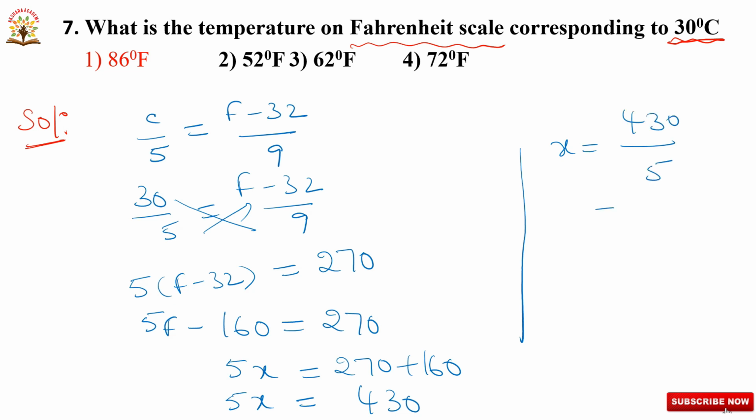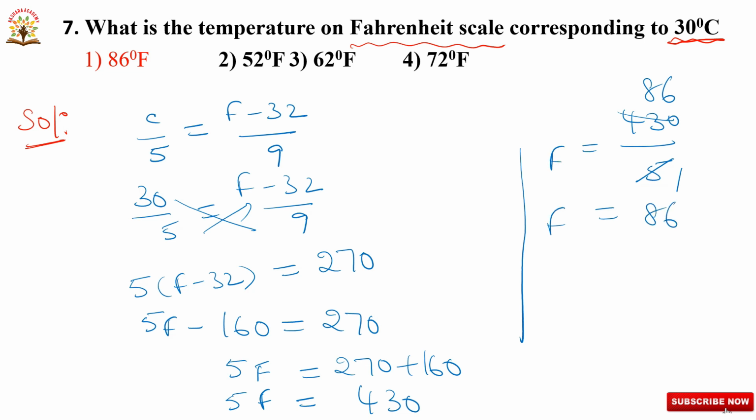Now 5 8s are 40 and 5 6s are 30, so 5F is equal to 430 and F is equal to 86 degrees.